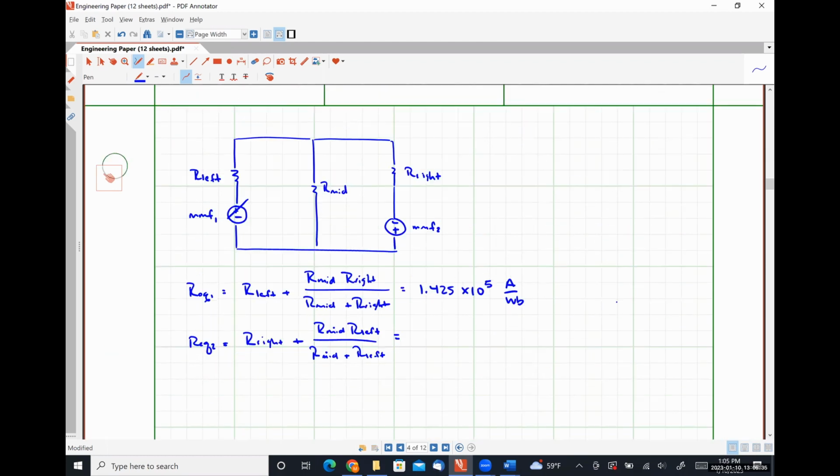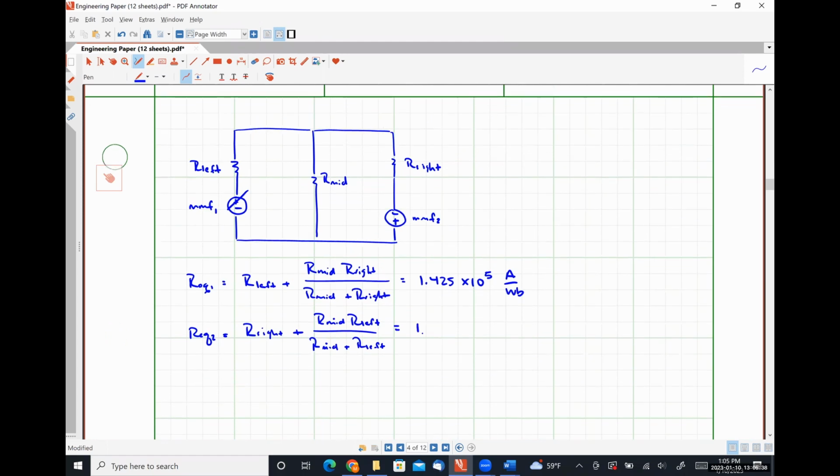And I get 1.979 times 10 to the 5 amps per Weber.